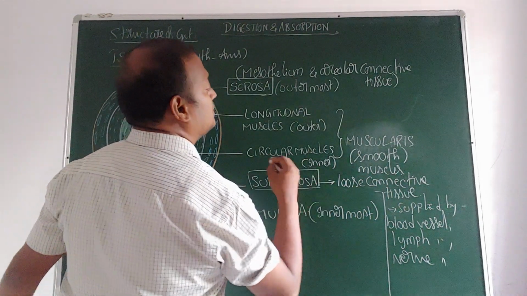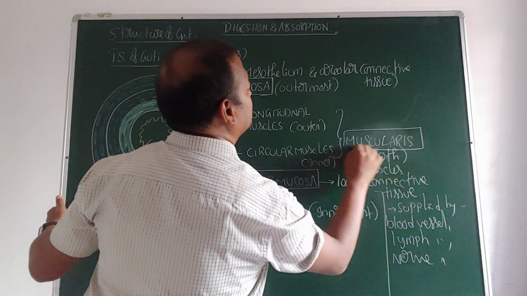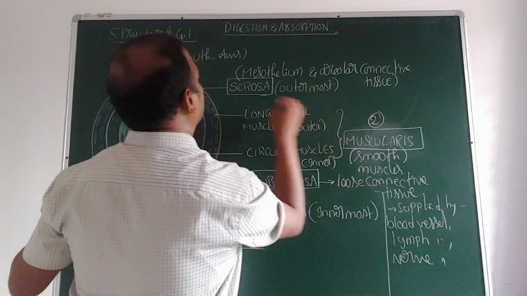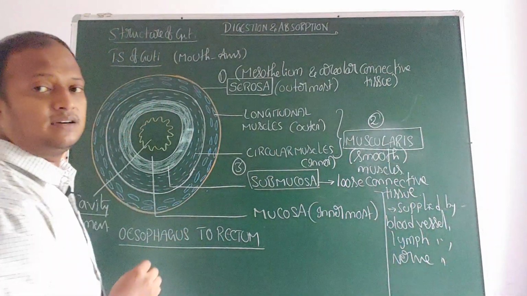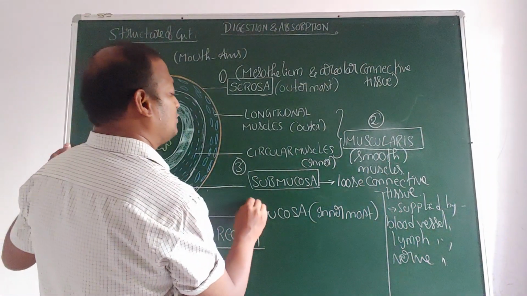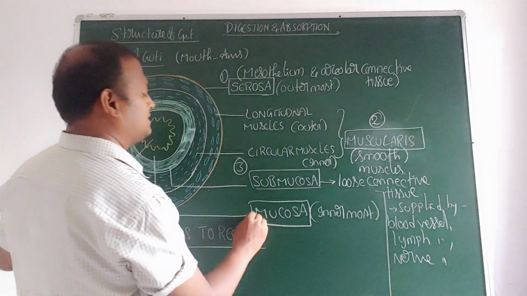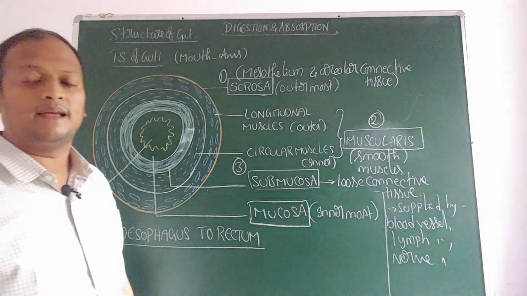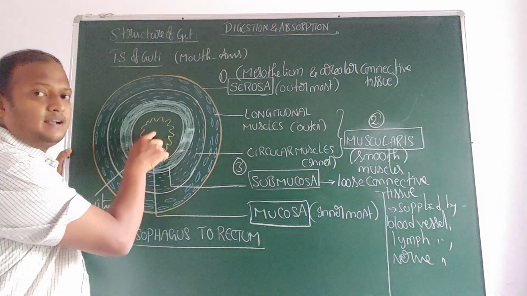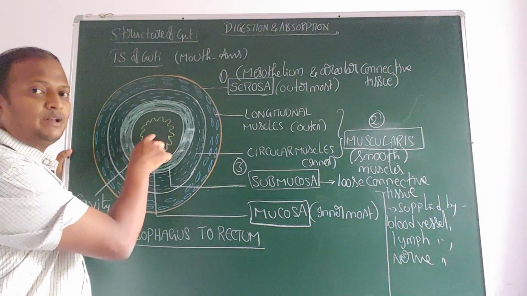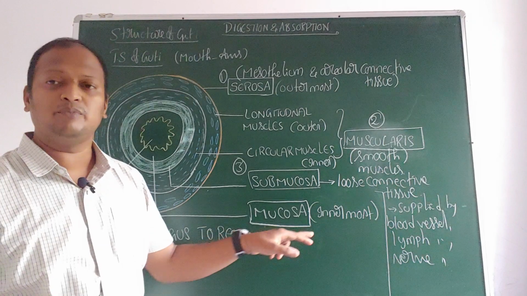This is the third layer. So muscularis is the second, and serosa the first, and submucosa is the third layer. So what is the innermost layer? The innermost layer is mucosa. So the cavity or lumen of the gut is lined by the mucosa layer.